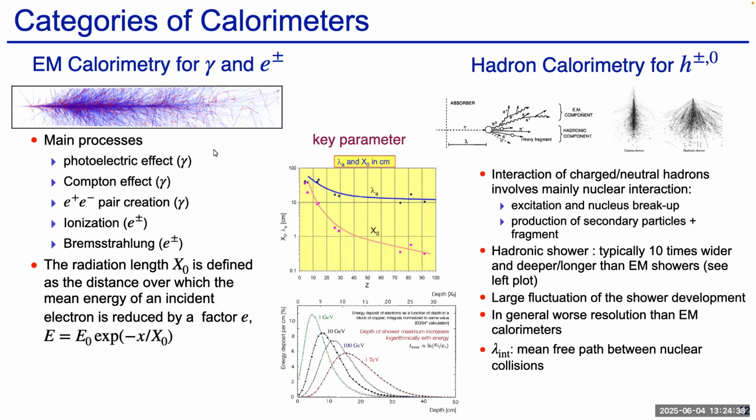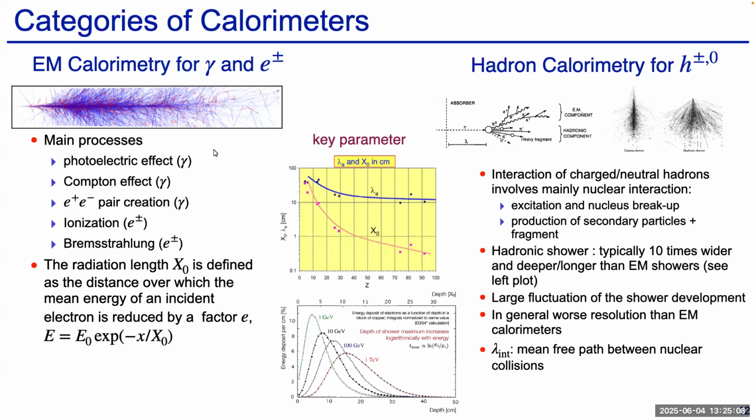However, as you become more and more energetic, here's the TeV, here's 100 GeV, you will see that you need a longer and deeper electromagnetic calorimeter. That is why at LHC they have quite some radiation lengths in the electromagnetic calorimeter. Typically 10, 11 radiation lengths is what a calorimeter should have.